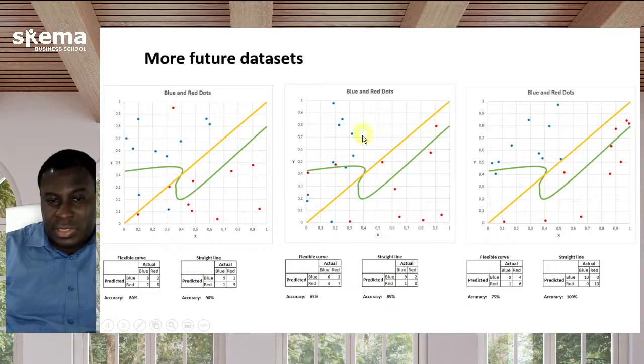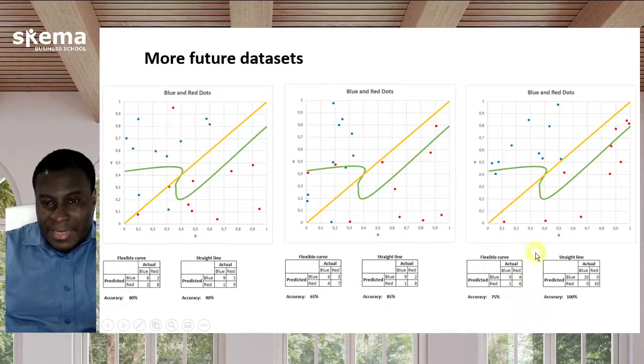So there's a lot of exceptions in dots, but still the straight line did significantly better than the flexible curve. And a third simulation, the straight line got everything perfectly correct with all the blues and reds correctly classified, but the flexible curve did only 75% that time.